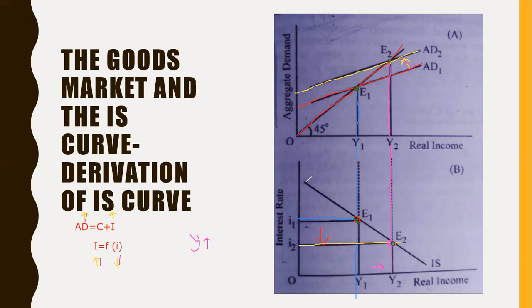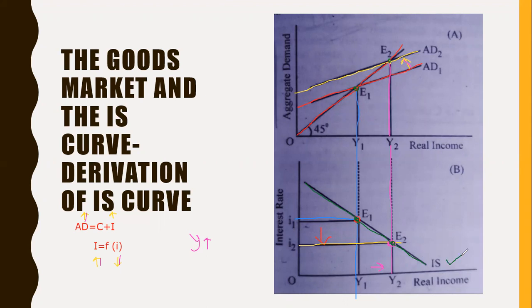When I join these two and extend the line, E1 E2 join it and if we extend the line, then we will get the IS curve. E1 E2 joined and the line extended, so we derived the IS curve.